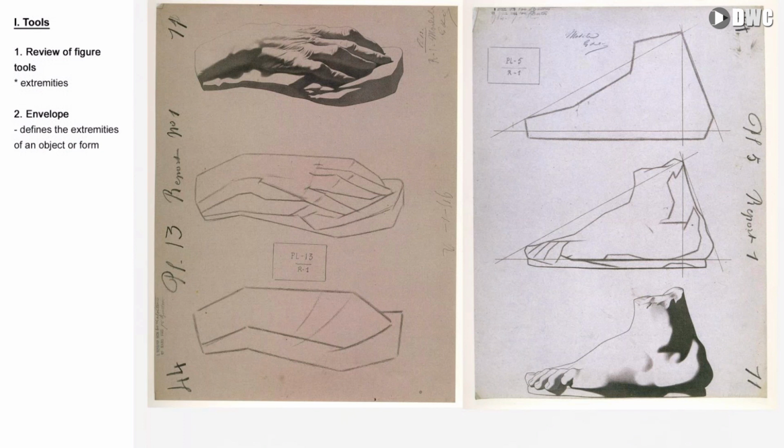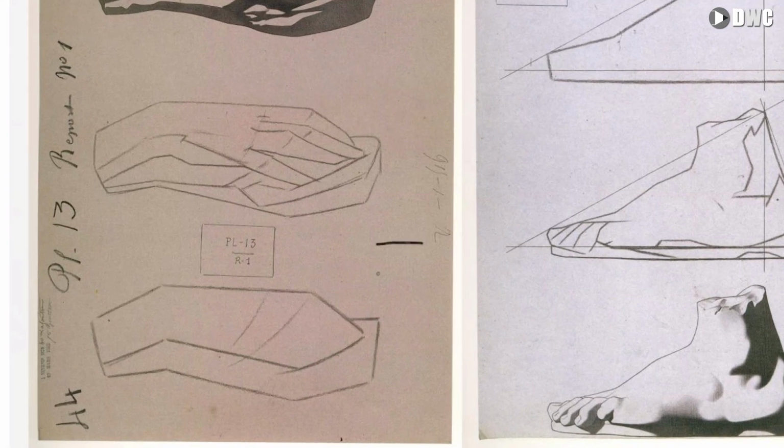And the fancy art school term for this is called envelope. Envelope, just like an envelope, which is a rectangular piece of paper that you put a letter in, right? A letter could be handwritten, it could have complex handwriting and a complex message. So in essence, a literal paper envelope is a simplified shape, and inside it goes something complex, right?